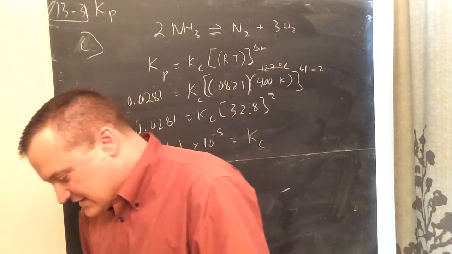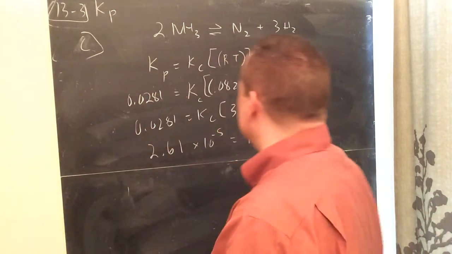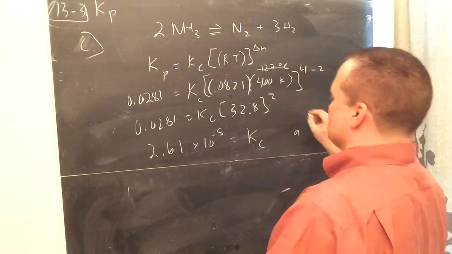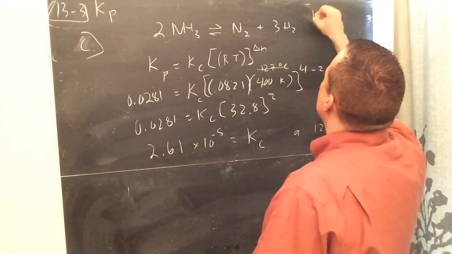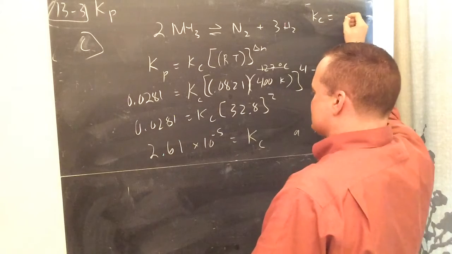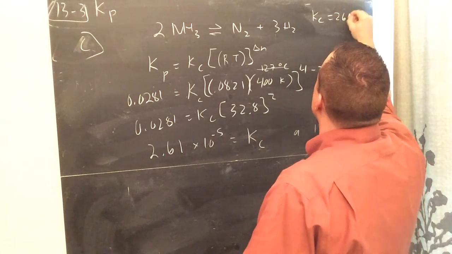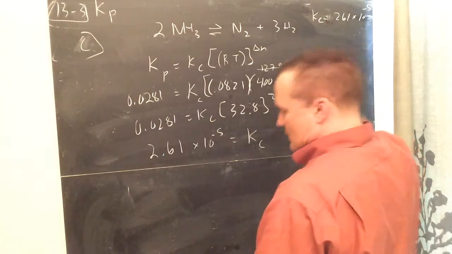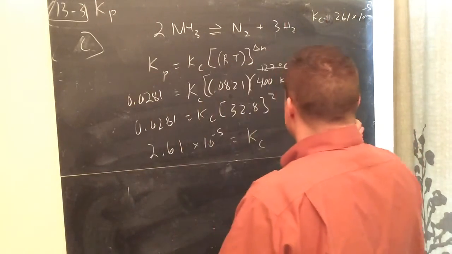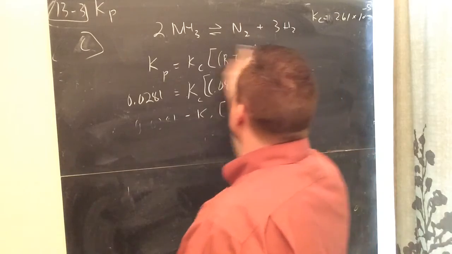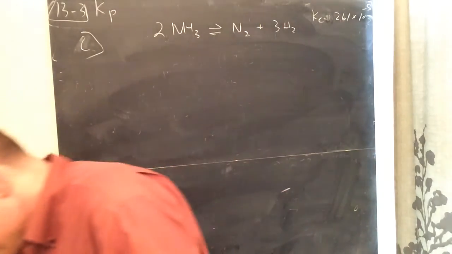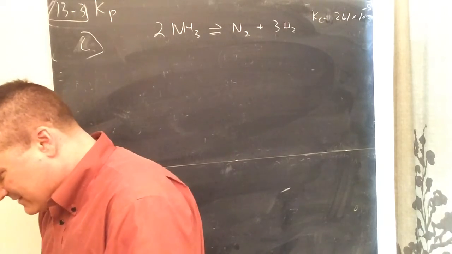All right. Calculate Kp for the following at 127. So this is true at 127 Celsius. Actually, I can write it up here. At 127, Kc equals 2.61 times 10 to the negative 5. All right. So now it says, what will the value for Kp be?